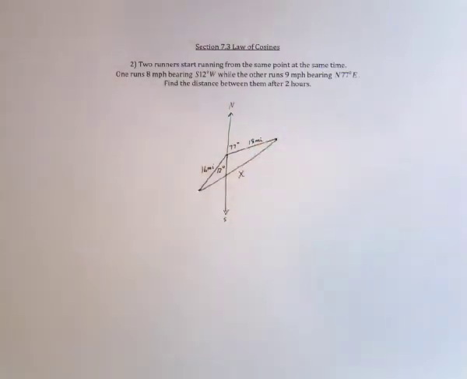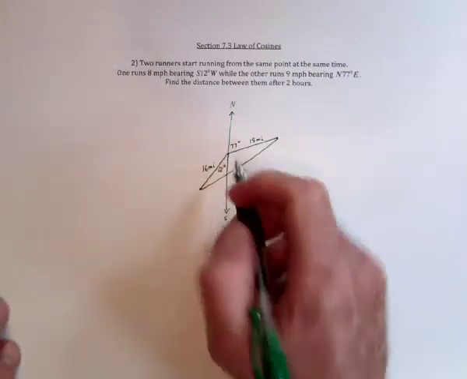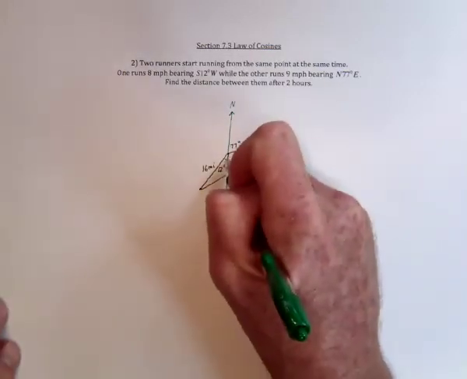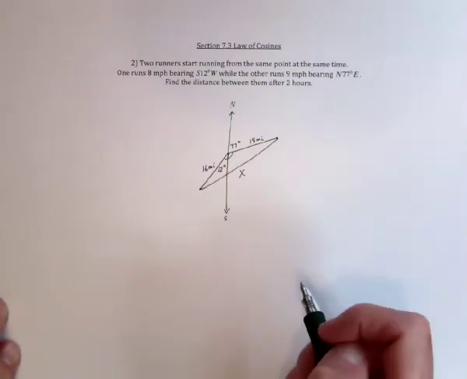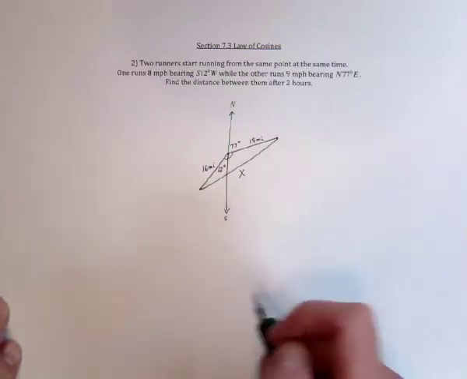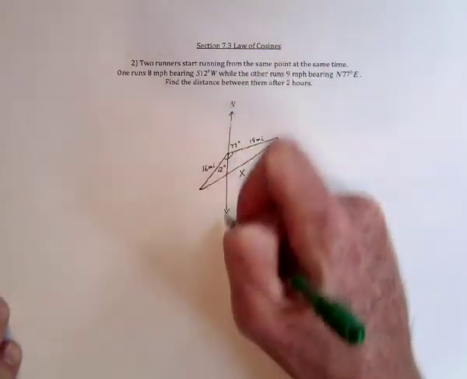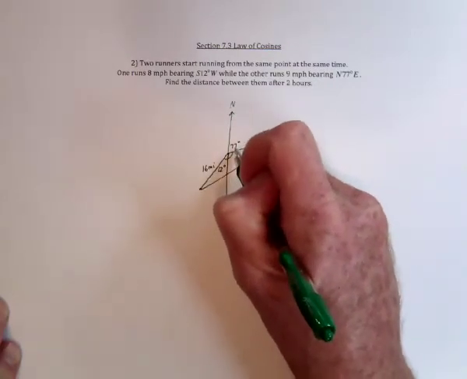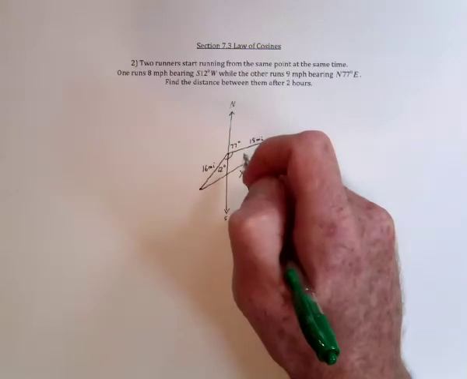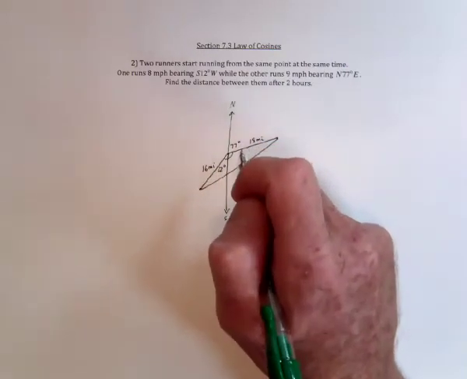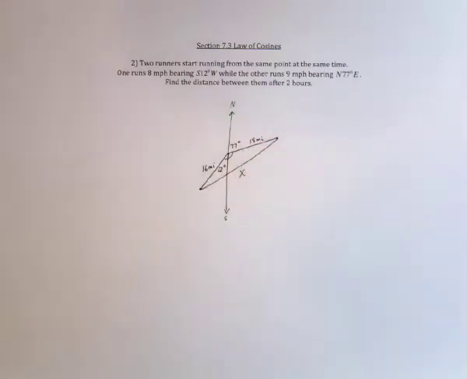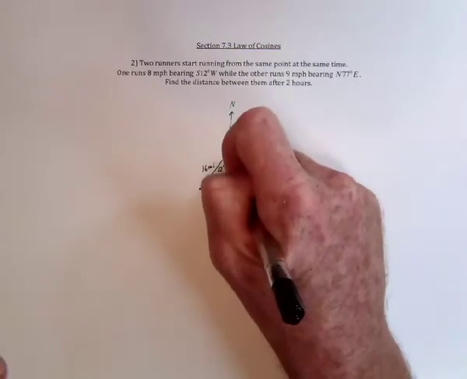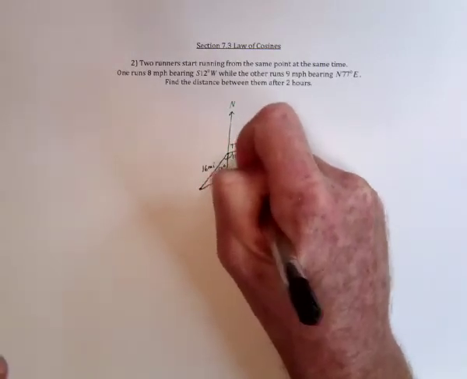So to use the law of cosines, I would need to know what's this angle across from the x. Well, since north-south makes one line, then this missing part together with the 77 would need to be 180. So 180 minus 77 would be 103.